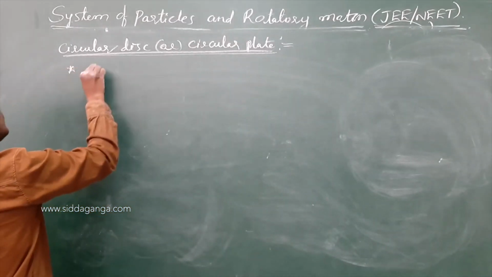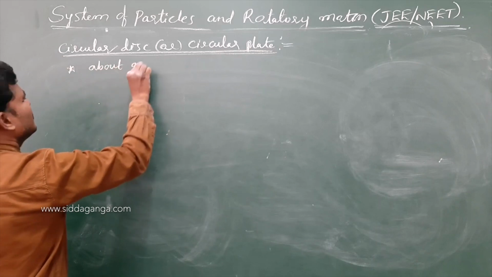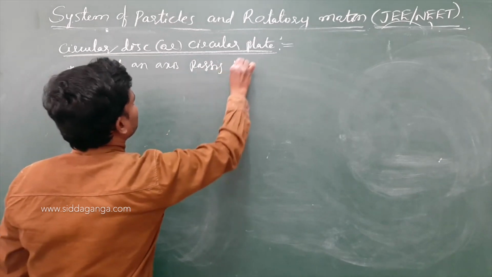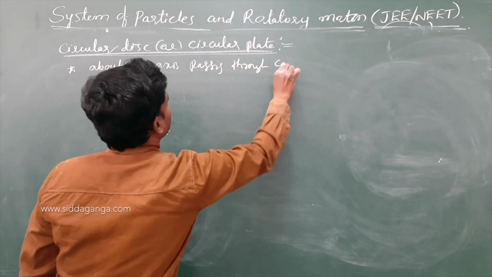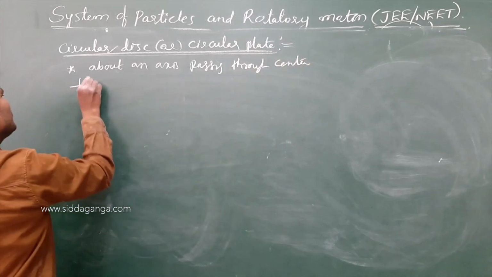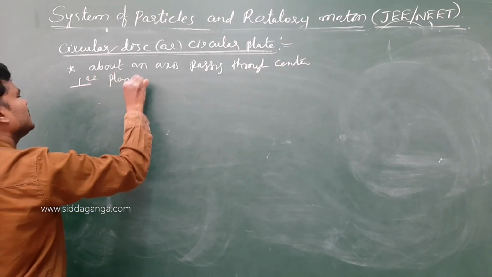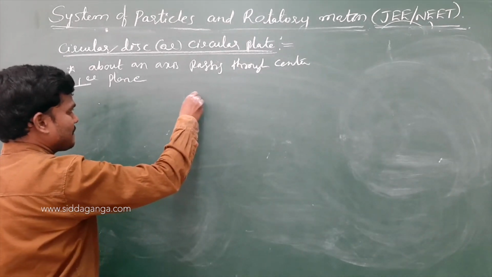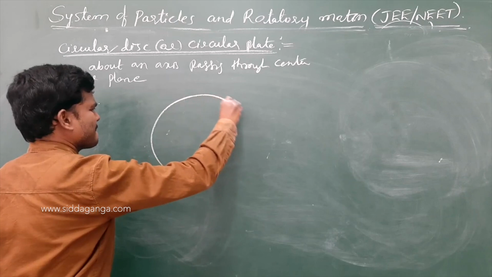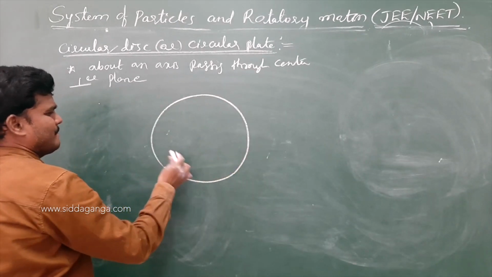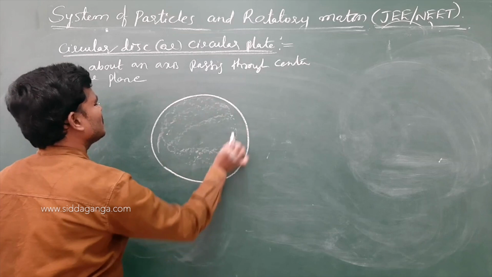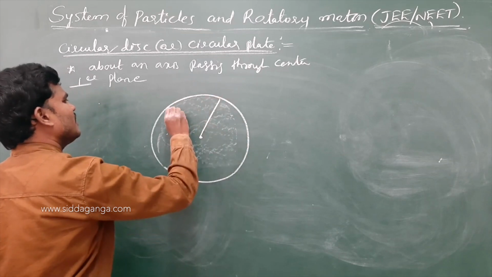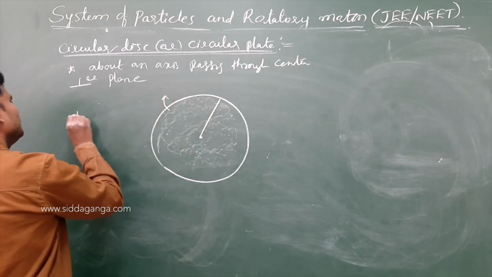Let me find first about an axis passing through the center, perpendicular to the plane of that disc. Okay, so this is the disc, whose radius is r and whose mass is m. And this will have some surface density sigma.